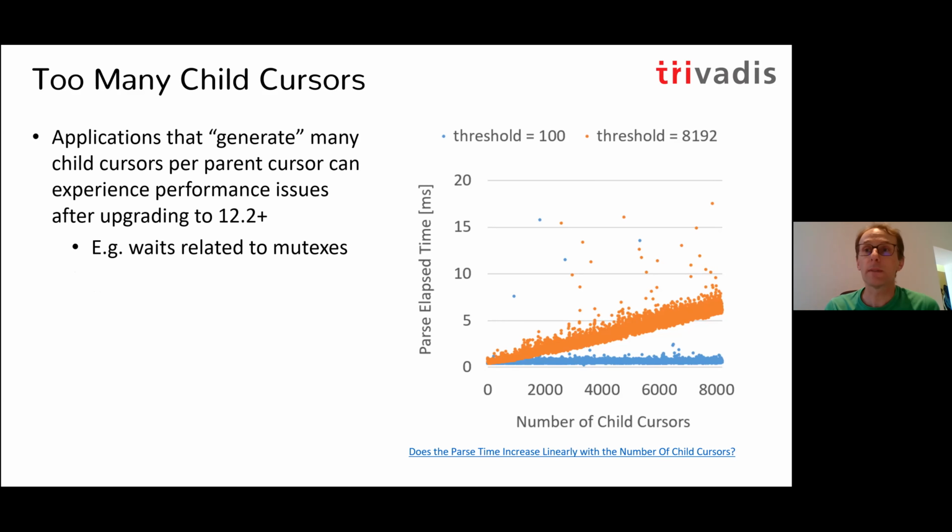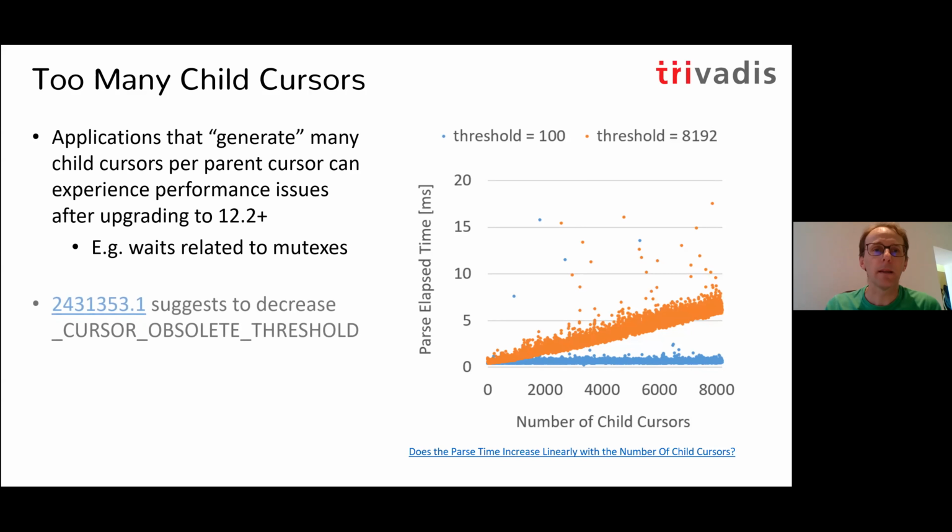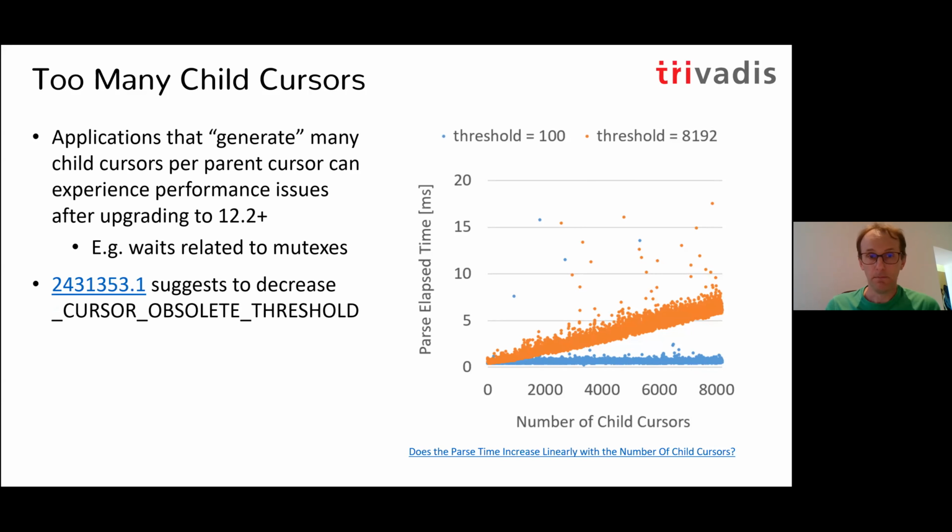In general, if you have this kind of problem, what you will see are some waits related to mutexes, because if the parse is longer, the engine has to hold the mutex much longer, and so there can be more contention. So if you have this kind of situation in a recent database version, also as suggested by this Moz note, you might want to decrease the default, which is now 8,000. You might ask why it was set to 8,000.